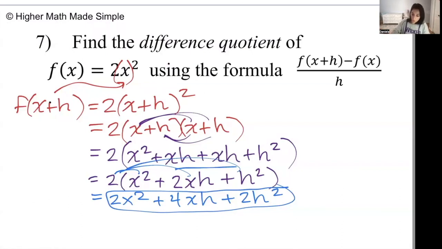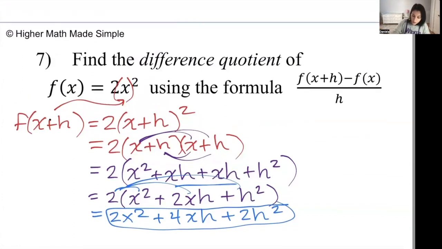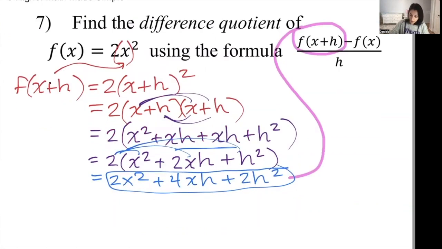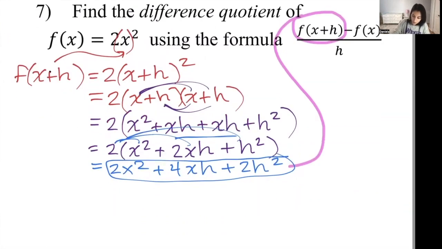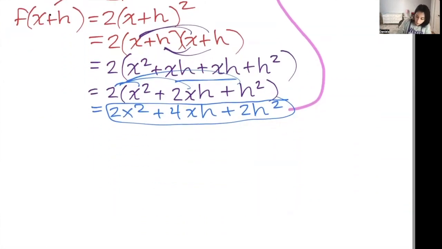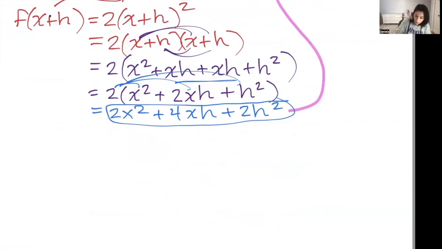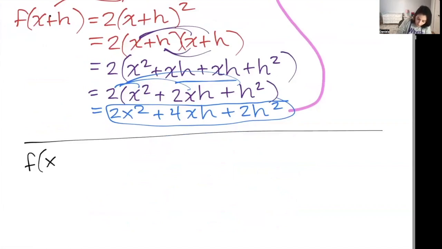Okay, so what I'm going to do now is, because we know what f of x plus h finally equals, now it's time in the formula, I'm going to make that substitution in that spot. So I'm going to just copy down the difference quotient: f of x plus h minus f of x all over h.